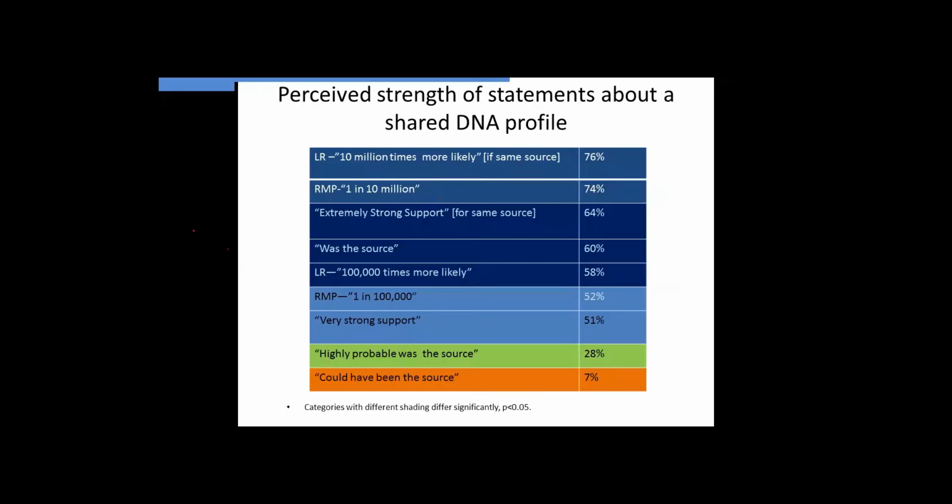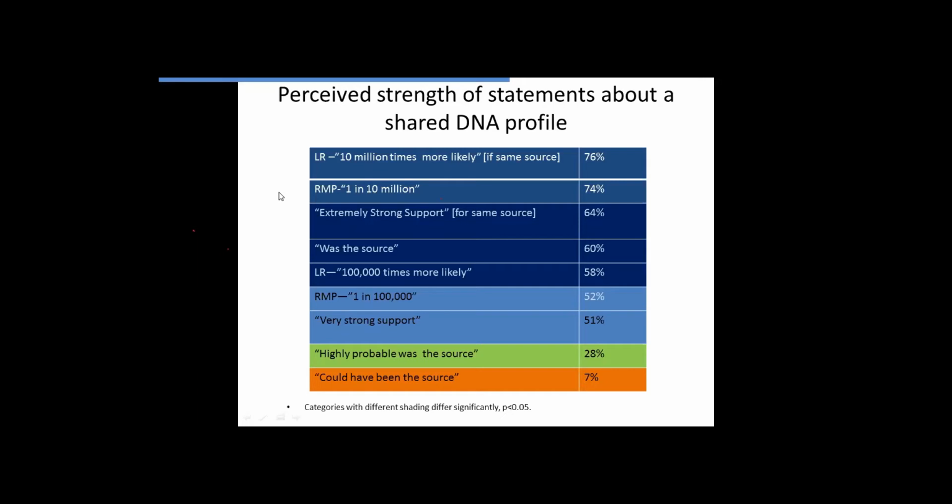All right. So to give you some flavor of the results coming out of this, here are some results on the perceived strength of various statements that could be made about a shared DNA profile. And we have statements here of various types: likelihood ratios, random match probabilities, strength of support statements, and source probabilities, okay?